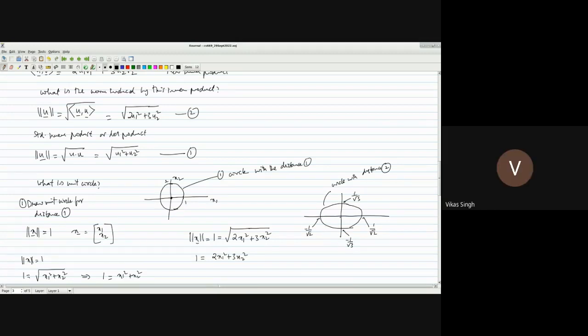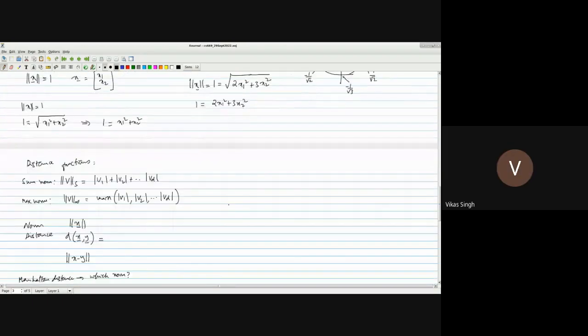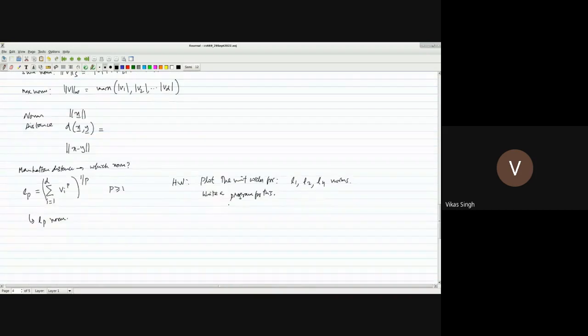So how the circle looks depends on what distance you are using. You'll see the different shapes of circles when you do L1, L2, and L4 unit circles.